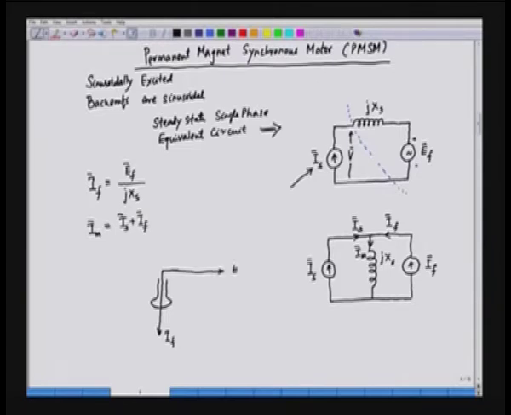This is Ef, and the stator current is somewhere along this axis, Is, they are all phasors, and the resultant of these two, we are having a vector addition in this case. So, If plus Is is Im, and Im is given as Im phasor. So, Is plus If is equal to Im, and Im is the magnetization current.